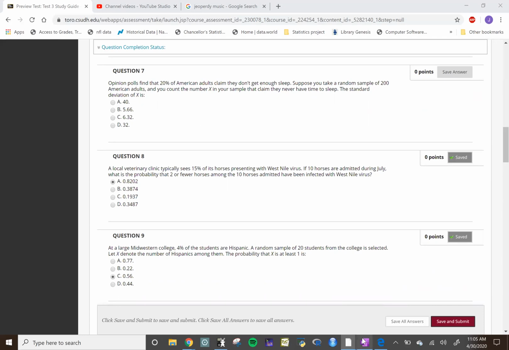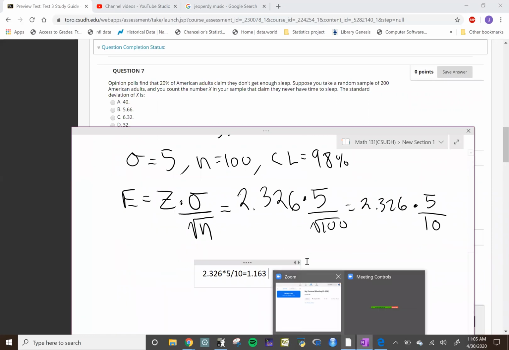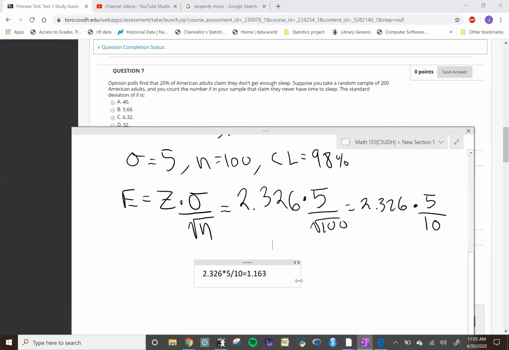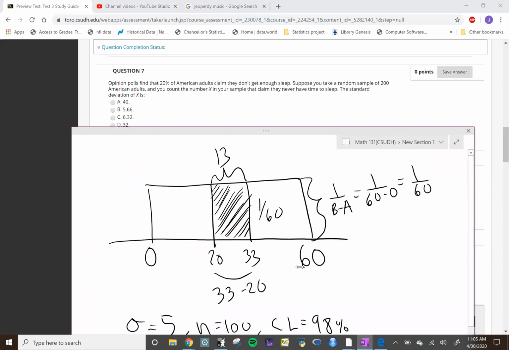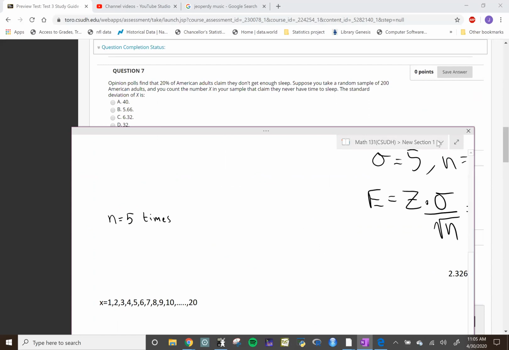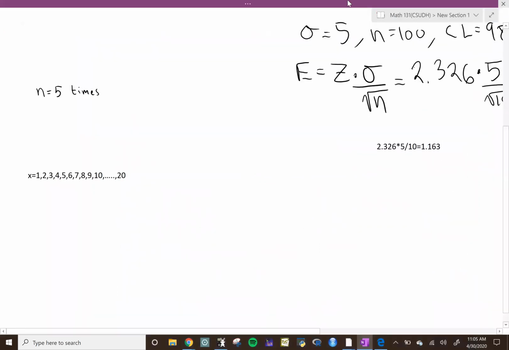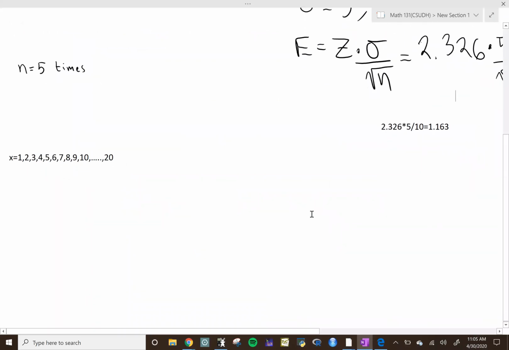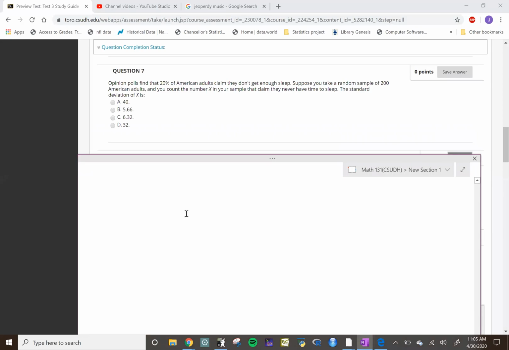So for this one, n is equal to 200. They tell me p is equal to 0.20, because that's how many people feel they don't get enough sleep.